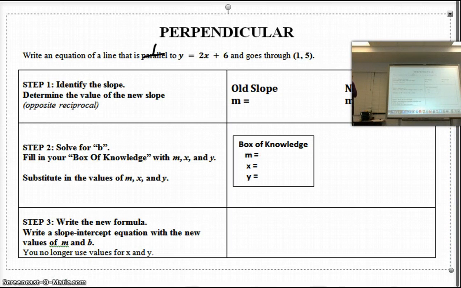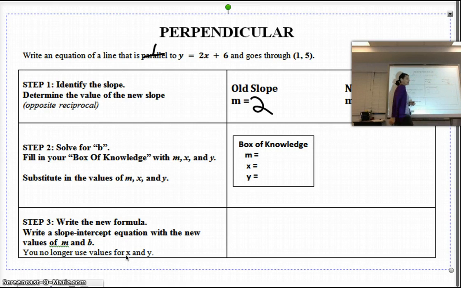So first thing is to identify the slope. What's the slope of this line? Just 2. Stop saying 2x. Slope is 2. Now I need a new slope. We're talking about perpendicular lines now. What is the new slope? -1/2.